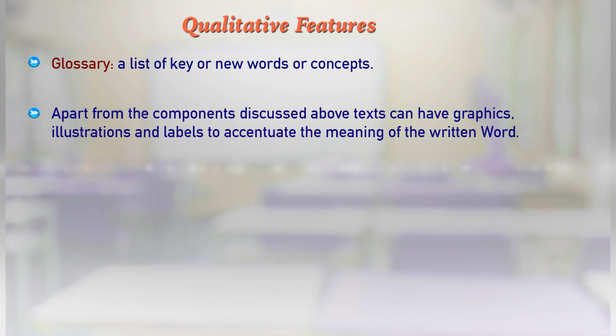Texts also have glossaries, which might be a list of key or new words that the text introduces to the reader. Apart from these components discussed, texts can also have graphics, illustrations, and labels to accentuate the meaning of the written word.